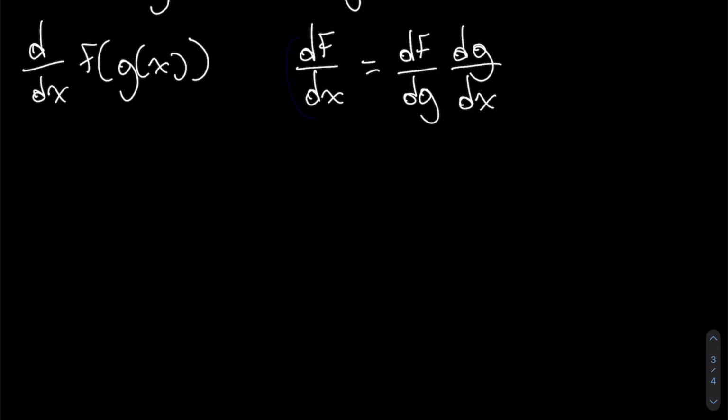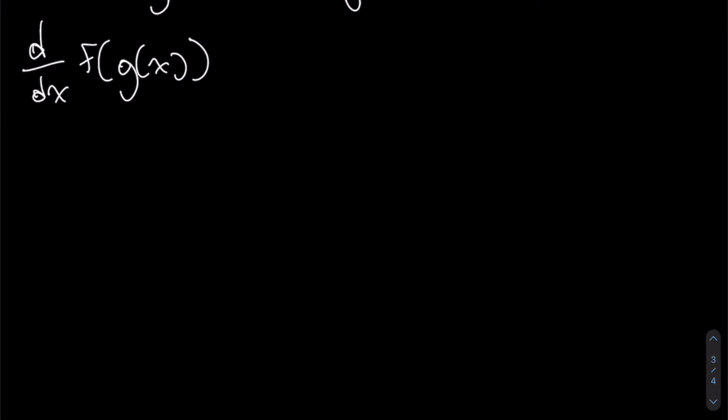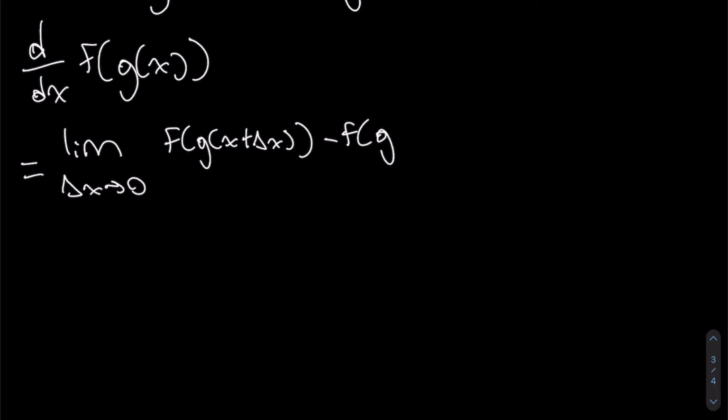But again, this is not very mathematically rigorous, so I'm going to prove it using limits. But you'll see soon that it really is just a matter of notation. If you understand what the notation means, then it is the same thing, really. So I'm going to write f at g at x plus delta x minus f at g at x over delta x.